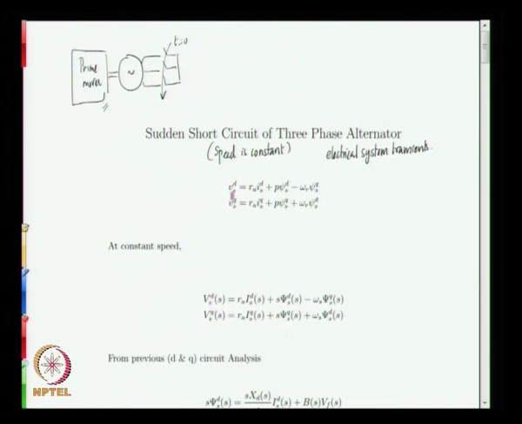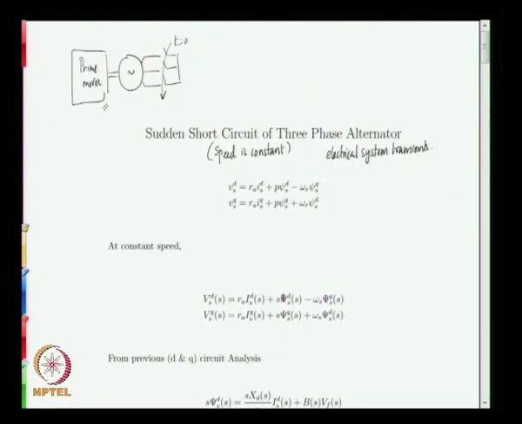Vd becomes Vd of s, Id becomes the Laplace transform Id of s, P times psi d becomes s psi d, and omega r psi q becomes omega psi q of s. Omega r is nothing but the synchronous speed, since the alternator is assumed to be running at the synchronous speed.